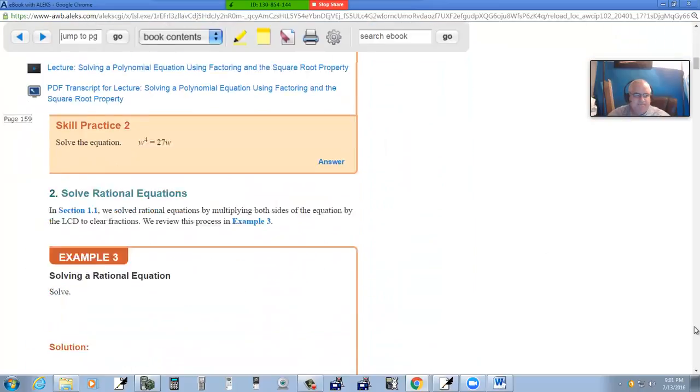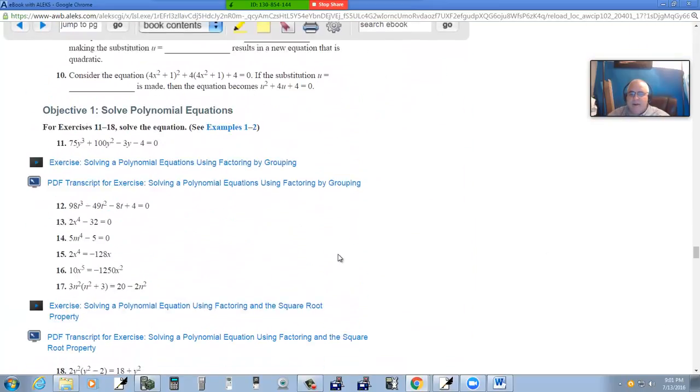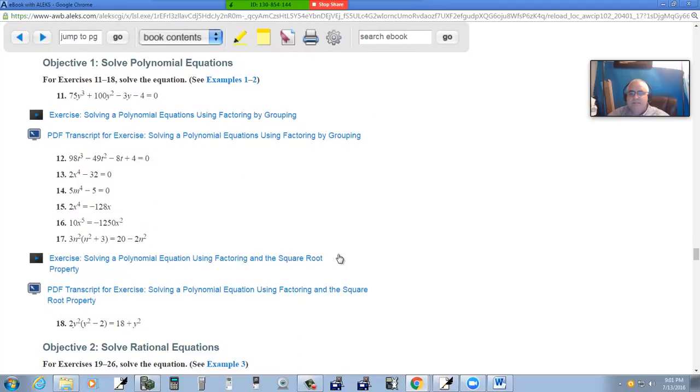Polynomial equation. There's really nothing exciting about polynomial equation. I might not even show one, but let me just show one, I guess. I'll look at number 11.